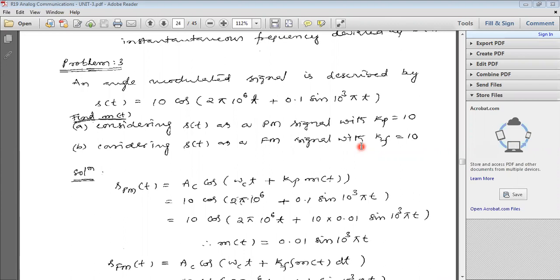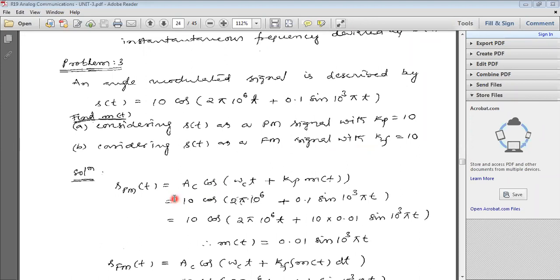Already he gives the modulated signal, both in the case of PM and FM, so they already give the modulation index. In case of phase modulation, kp is considered as 10, and in case of frequency modulation, kf is also considered as 10. Now take the first case.